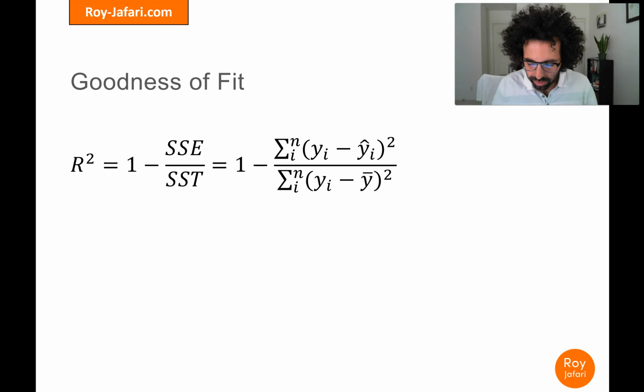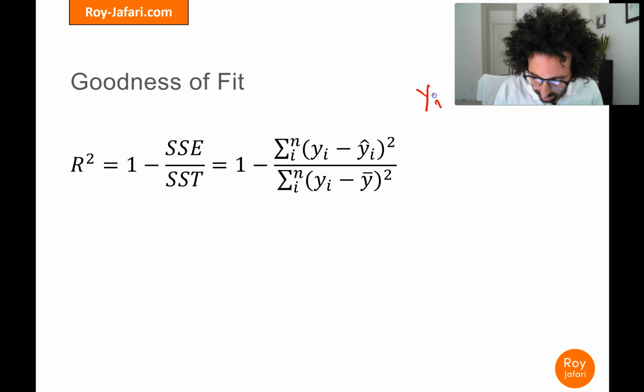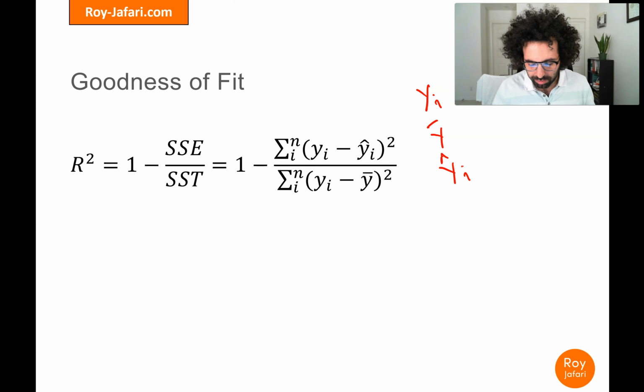All right, so R-squared is 1 minus SSE divided by SST. So what are these SSE and SST? To understand that, we have to understand what are Yi, Y bar and Y hat i, right? So let's use our example to understand what each of these are.